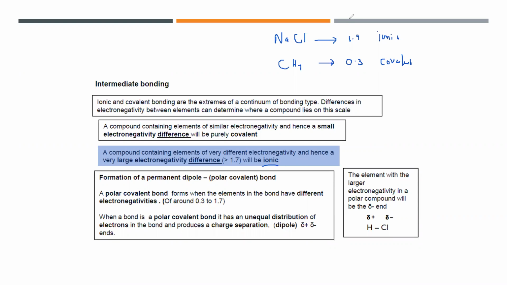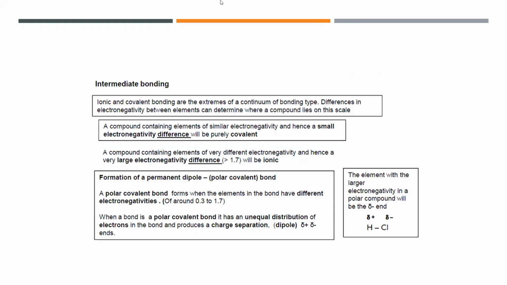Then when a molecule has a covalent bond, there are two possibilities.